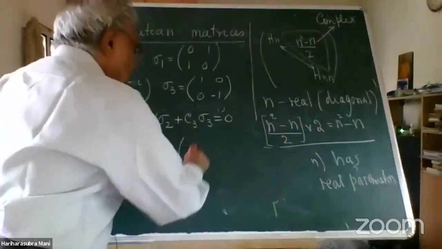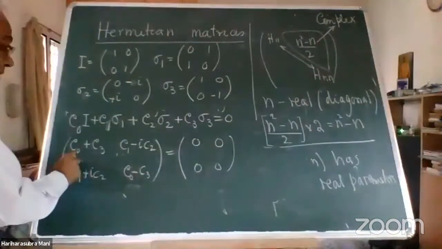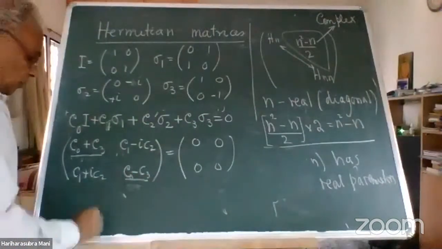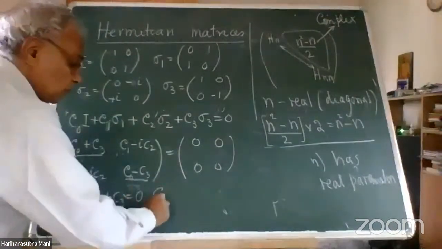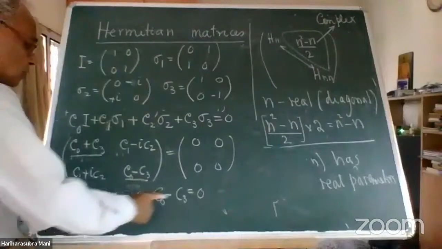This must be equal to 0, 0, 0. So what do I get from here? I get C0 plus C3 is 0, C0 minus C3 is 0. So I get C0 is 0, C3 is 0.